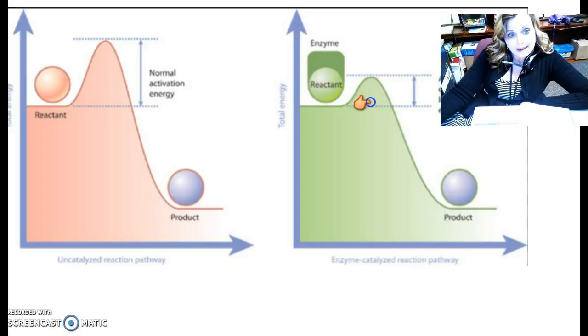I can lower that activation energy. I can make it easier to start the reaction if I have something called a catalyst. A catalyst will speed up a chemical reaction. Natural catalysts or biological catalysts are called enzymes. So you have many different enzymes in your body, and an enzyme is also a protein.